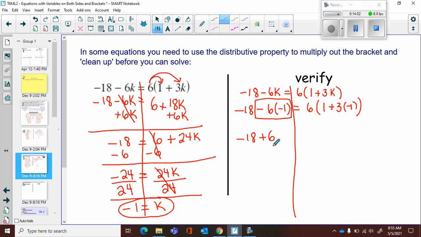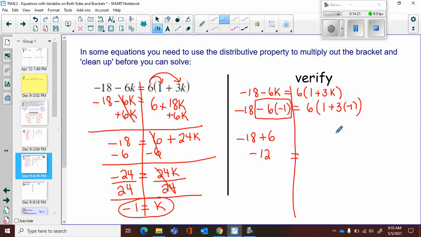Okay, and now I can do my subtraction or my addition here. Negative 18 plus 6 is, of course, negative 12. Okay, so I end up with negative 12 on my left side.